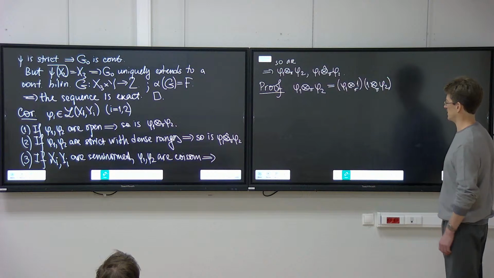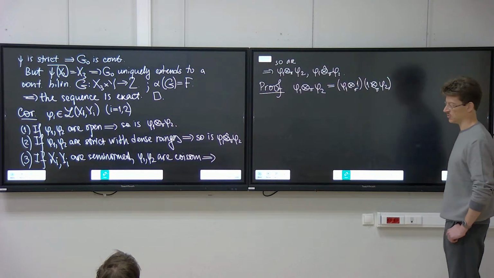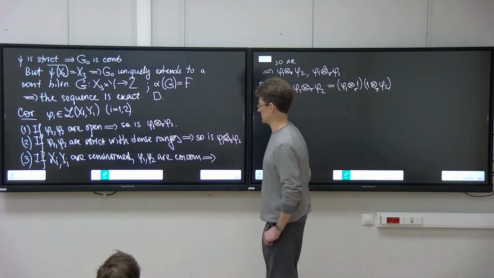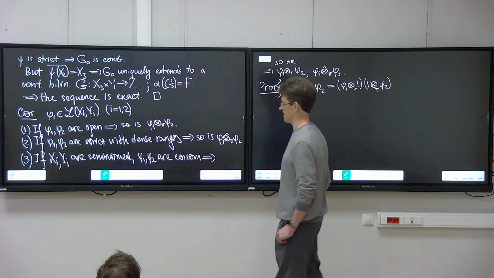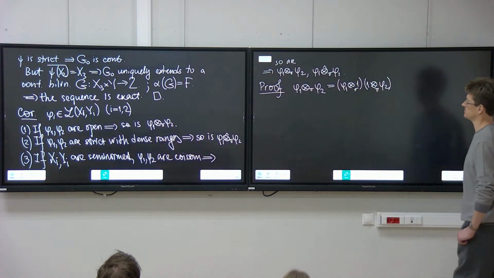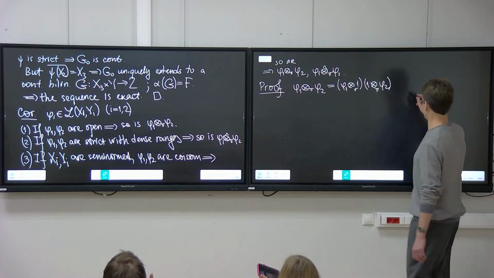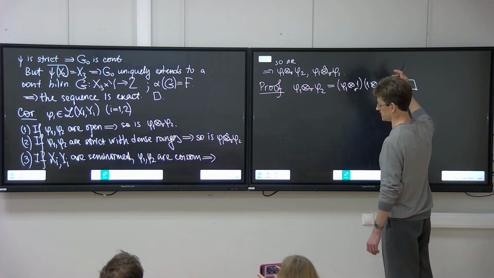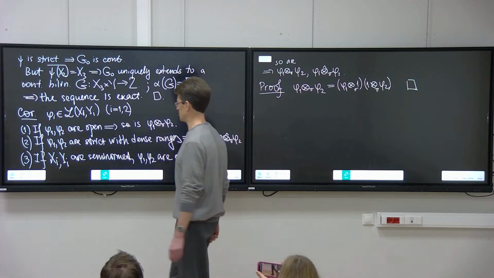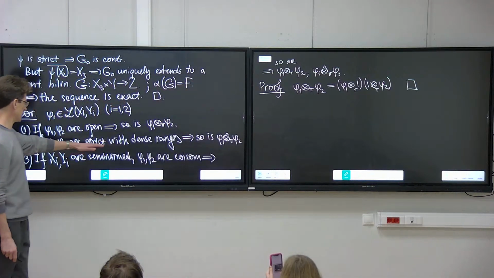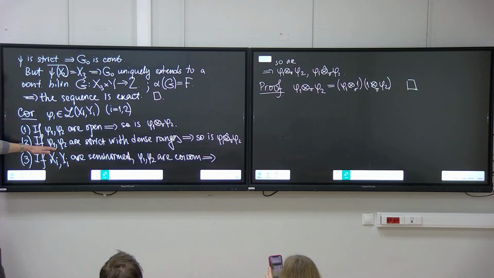And so clearly the composition of two open maps is also open, the composition of two strict maps with dense ranges is a strict map with dense range, and so on. In fact, a little exercise is hidden here, namely, what if our spaces are not complete? Then formally we cannot apply our proposition in case 2.